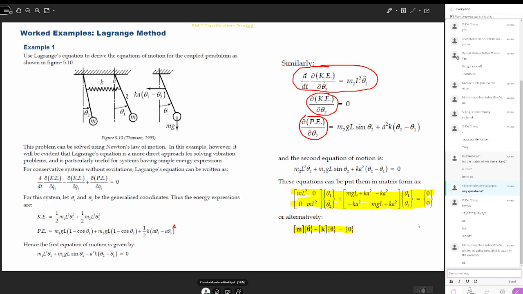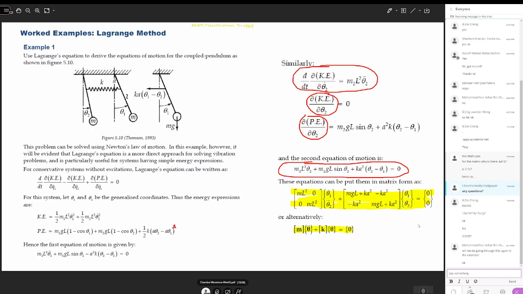Then, half k into theta 2 minus theta 1, squared, becomes 2 times, so the 2 will get cancelled. So you will have k into theta 2 minus theta 1. So add up these three things. The second equation of motion will be this equation.